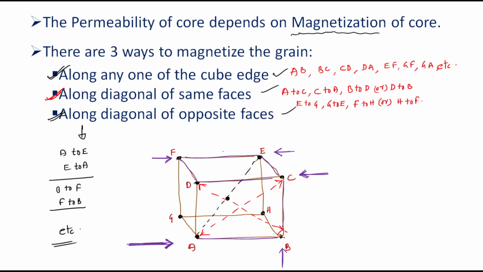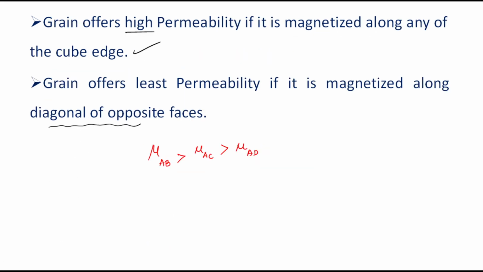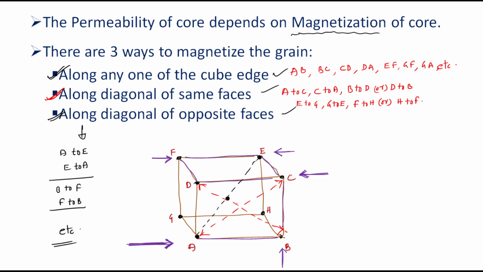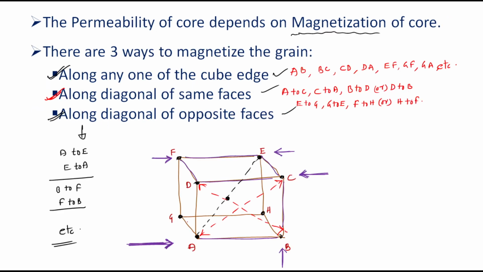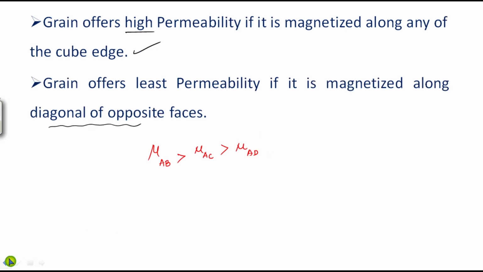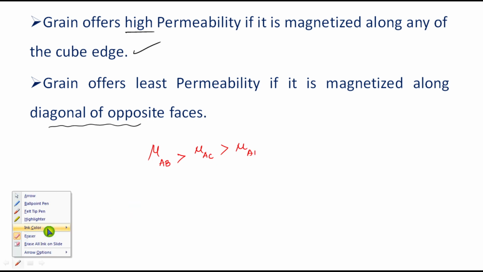AB is along the cube edge. The second one, AC, is along the diagonal of the same face. And the least one is along the diagonal of opposite faces, AD. Sorry, not AD, AE. It is AE.